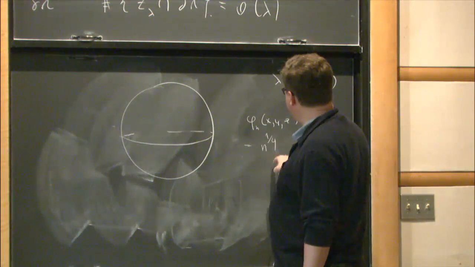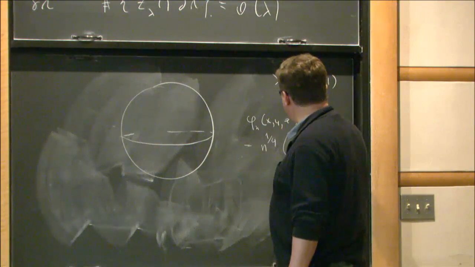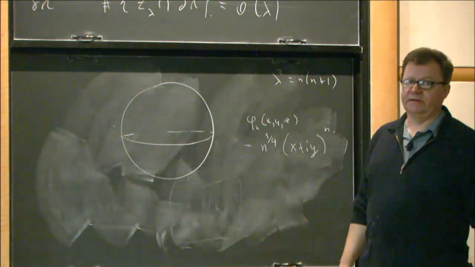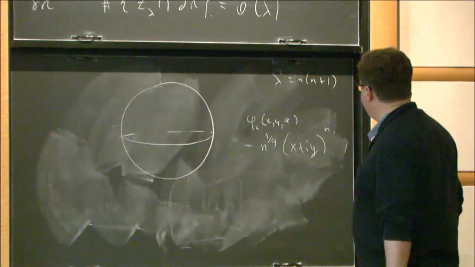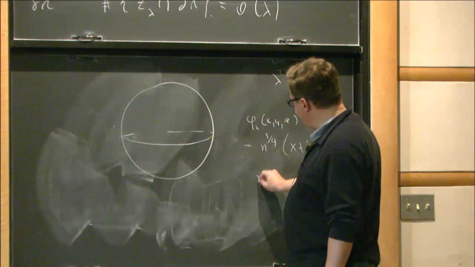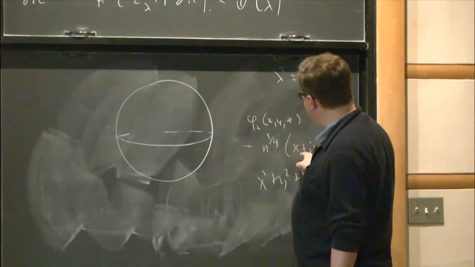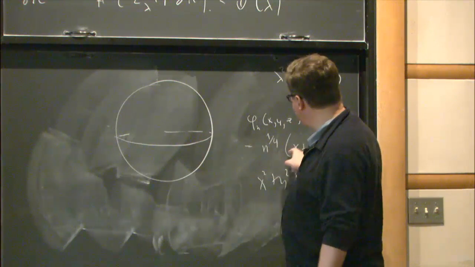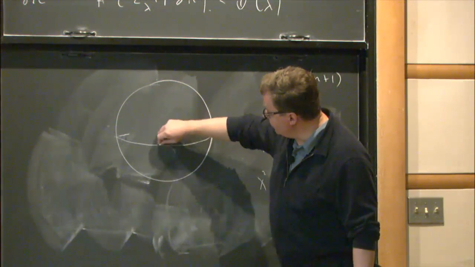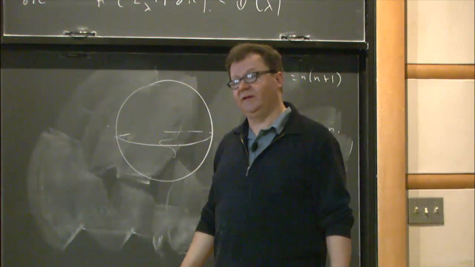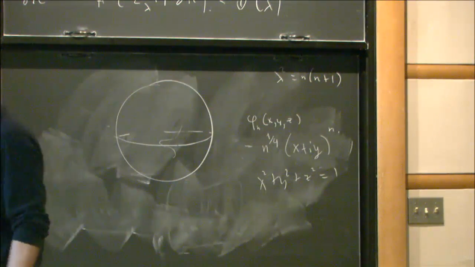So I L2 normalize this eigenfunction correctly, I take the quarter power, and then I take (x plus iy) to the nth power. This is obviously harmonic, and it gives you the spherical harmonic. Since on the sphere x squared plus y squared plus z squared equals 1, when z is different from 0, the modulus of this vector is less than 1. So this decays exponentially off the equator. And if you just compute the L2 norm, it's obvious that you get exactly this bound. So it's saturated. So this is sharp.